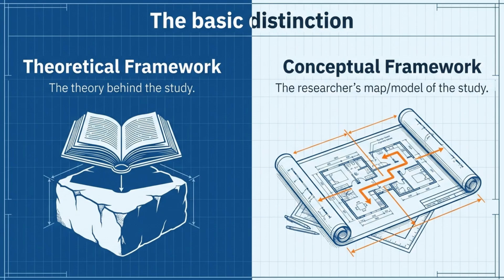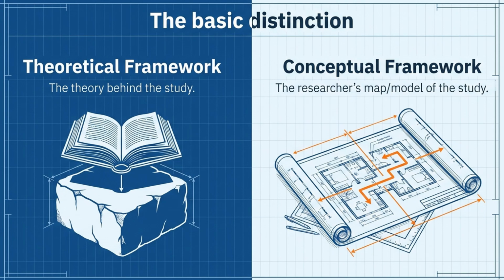Let us first understand the meaning of these two frameworks. A theoretical framework is based on an existing theory or theories that help explain and support the study. It provides the theoretical foundation for understanding the research problem. On the other hand, a conceptual framework is the researcher's own model that is developed from theories, concepts, previous studies, and the researcher's understanding of the problem.